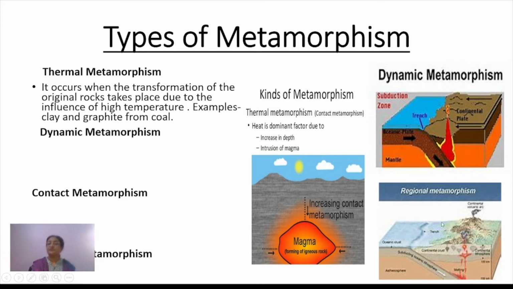That results in a large area being converted into metamorphic rock, and as it has passed through metamorphism, the rocks are called regional metamorphic rocks. So these are the different types of metamorphism.